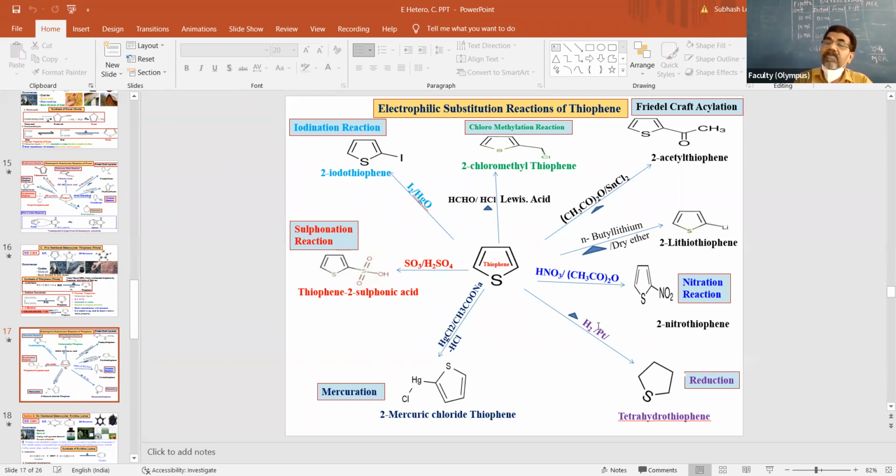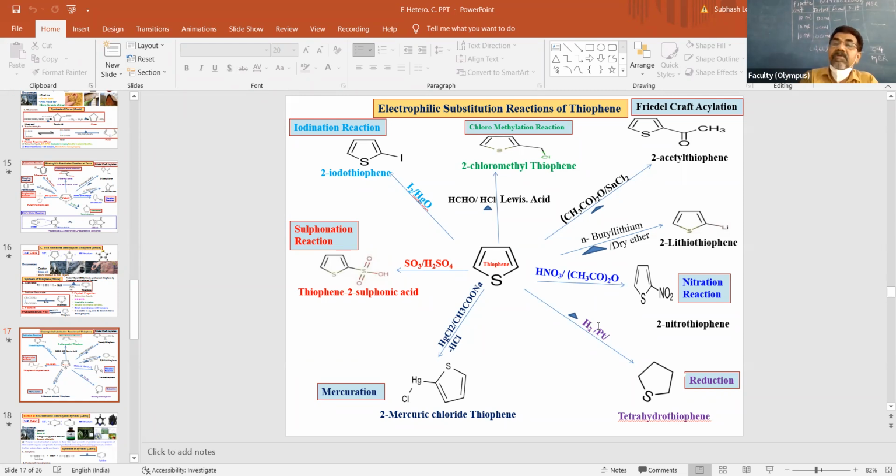Thiophene on treatment with acetic anhydride in presence of a Lewis acid like SnCl2, ZnCl2, AlBr3, whatever it may be, gives the product 2-acetylthiophene, which is shown in the reaction. See the slides carefully. We already gave the PPT to you, and you can easily obtain it.